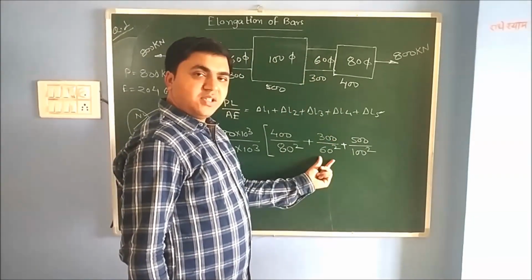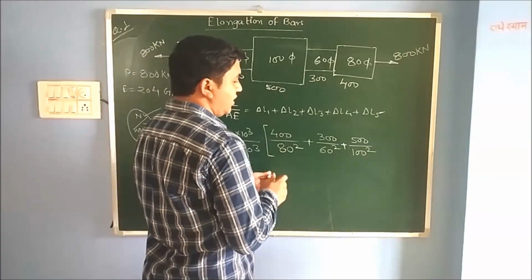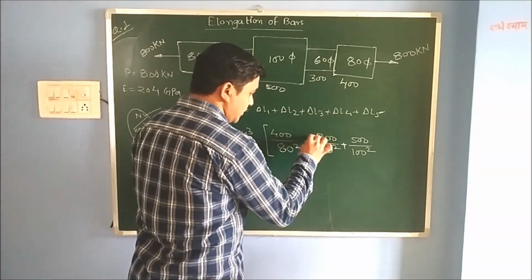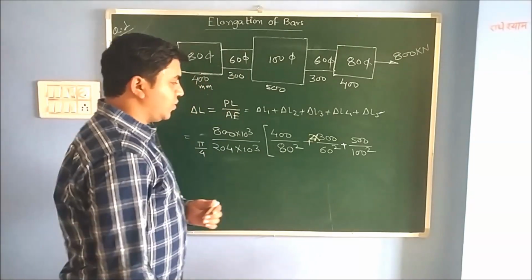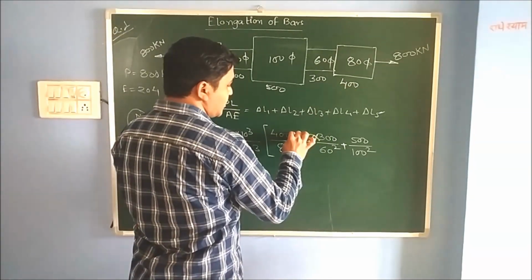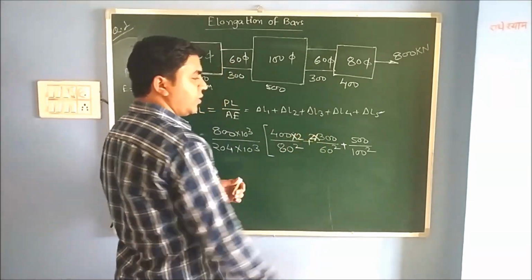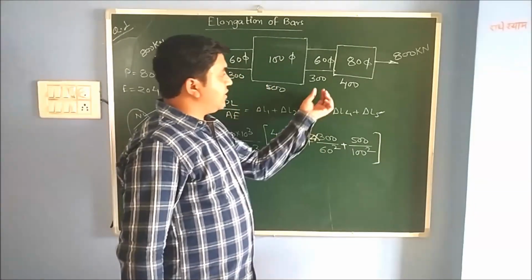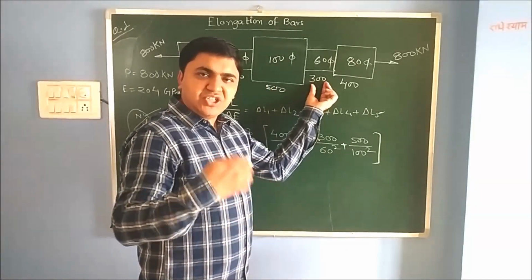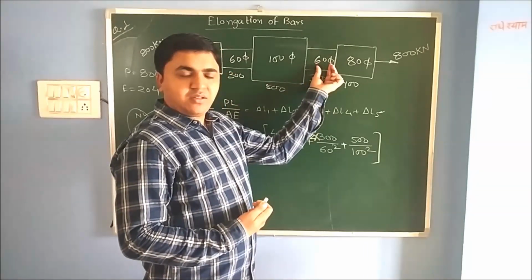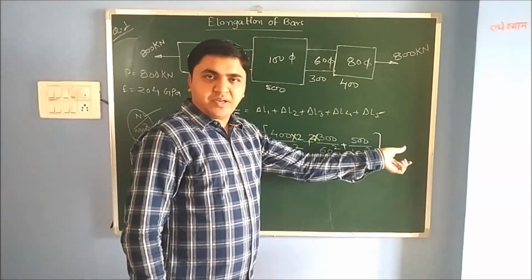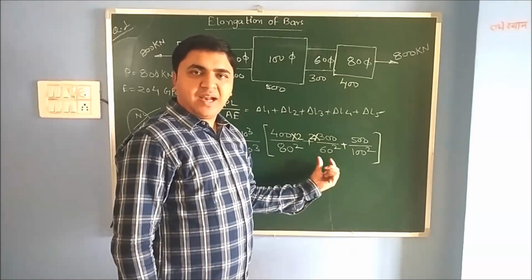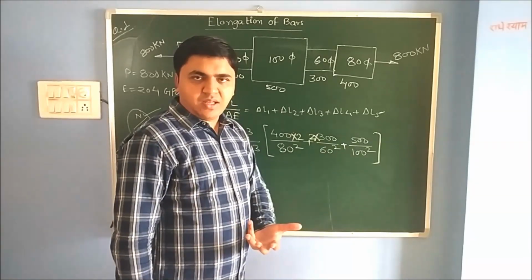Here also I have the same section, so I can multiply this by 2 directly, and for the fifth section also multiply by 2. If there were any change in length or diameter, I would need to add that part separately. This was not the case, so I can multiply directly.